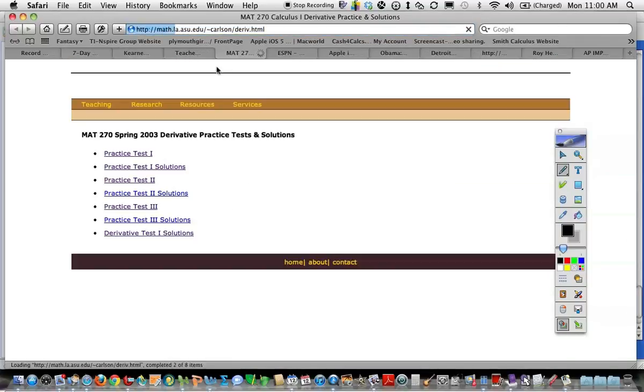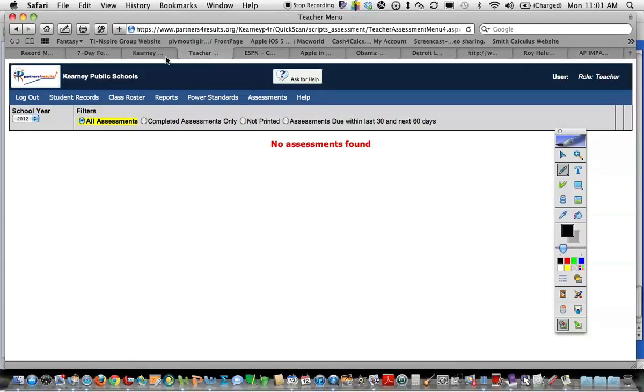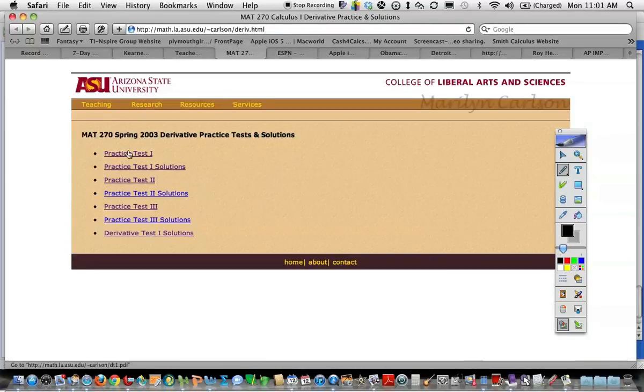For those of you that weren't here Friday, I showed these two links. One says practice derivative problems, one says practice derivative tests. If you go to the one that says practice derivative tests, it's got test 1 and test 1 with solutions, test 2, test 3, and then an actual test that they gave.